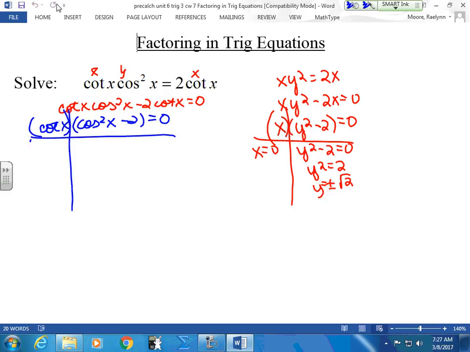Set them both equal to 0. I have an angle whose cotangent is 0. So that part's done, just like this part was done. I have to add 2. I have to take the square root. So it kind of looks the same, right? So far, algebraically it looks the same.